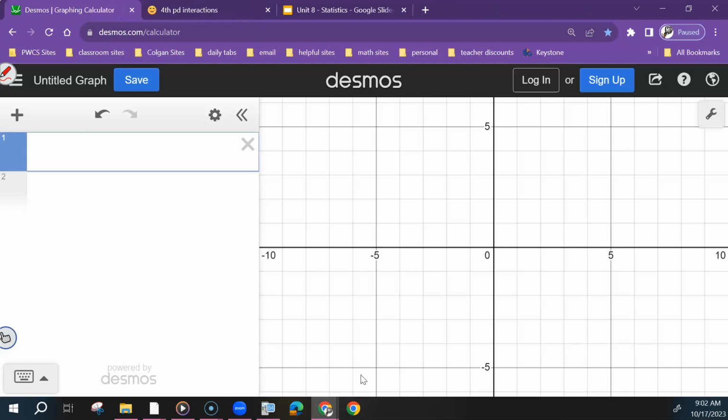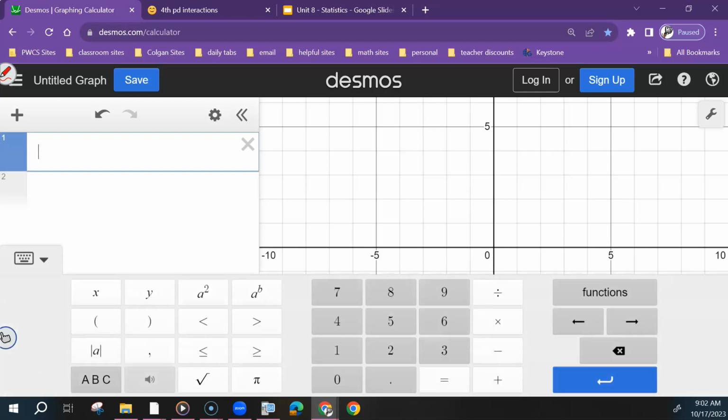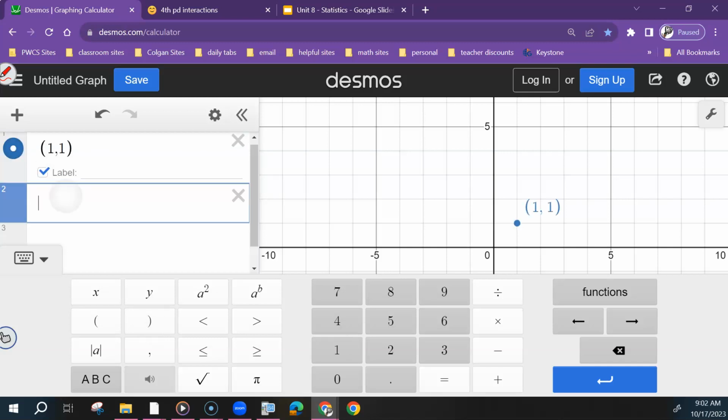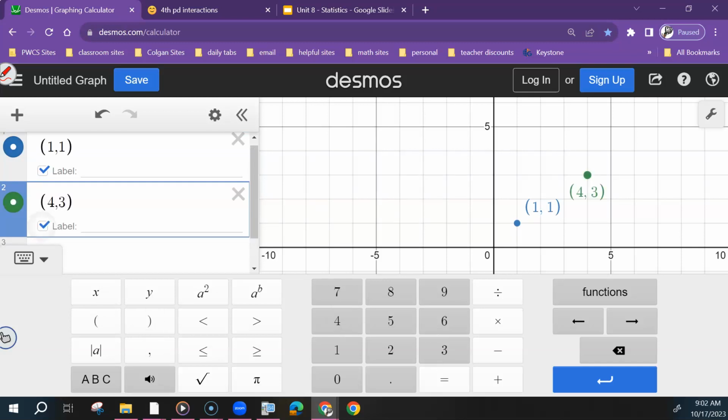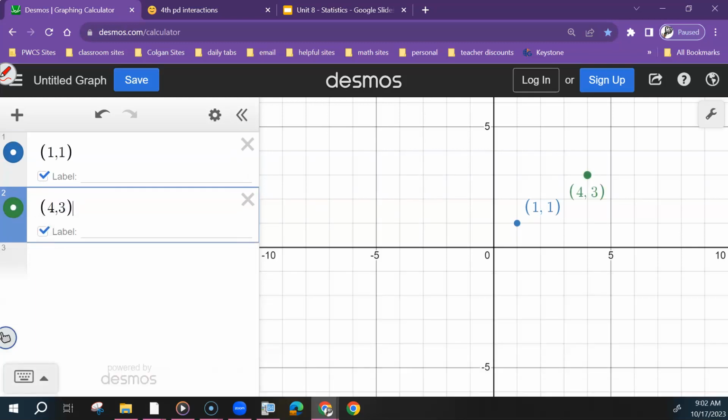Right, so a couple of things with slope in general. If you have a graph, you don't really need to use Desmos because you already have a graph. But if you're given 2 points, let's say I'm just going to put in 2 random points from one of the pages, like number 1. I'm going to put them in as 2 separate ordered pairs. You can label them if you so choose.